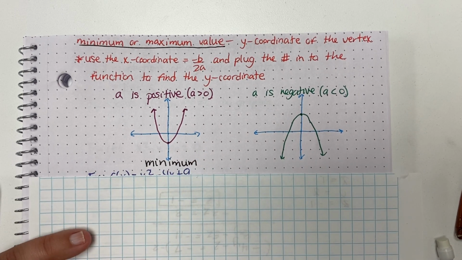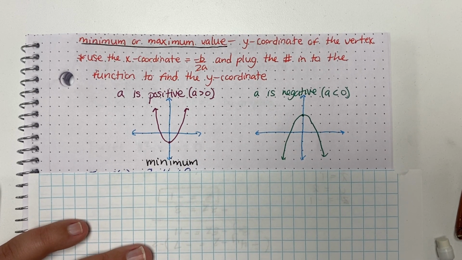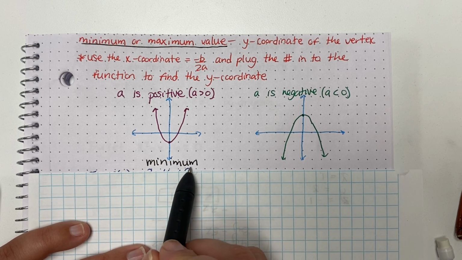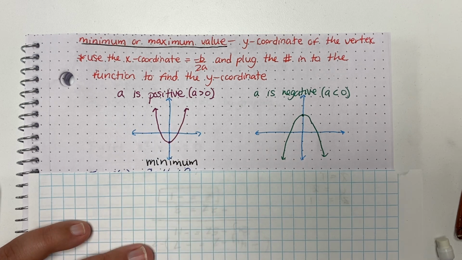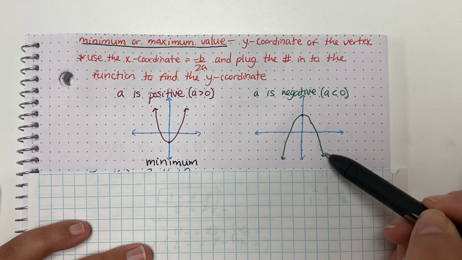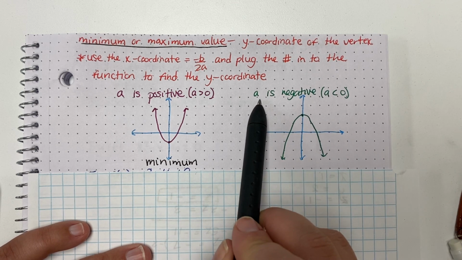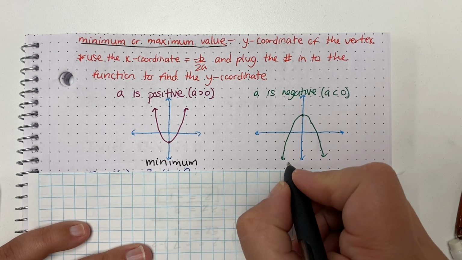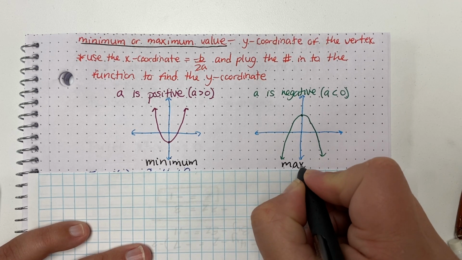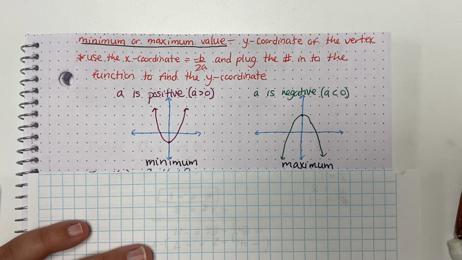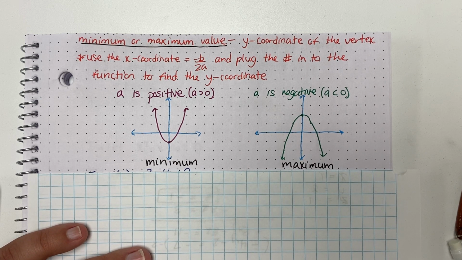Your minimum is located at the lowest point or the bottom of the parabola. We know a minimum happens when our A is positive. Right here with our parabola going upside down, that happens when an A is negative. This is the biggest point, and that biggest point will happen at a maximum.